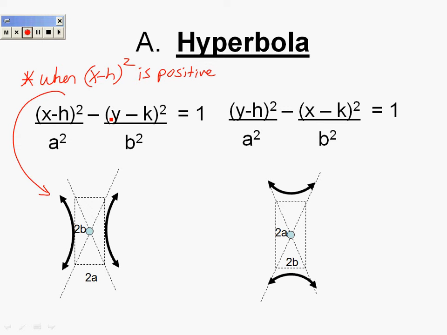Likewise, when the y minus k squared is positive, that's when you have a vertical type of hyperbola. Sorry, I said y minus h earlier, but that should be y minus k.